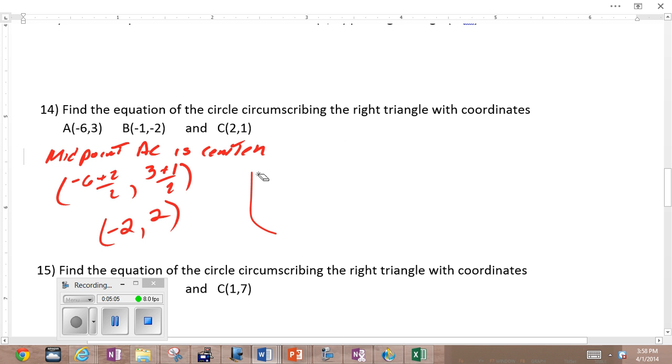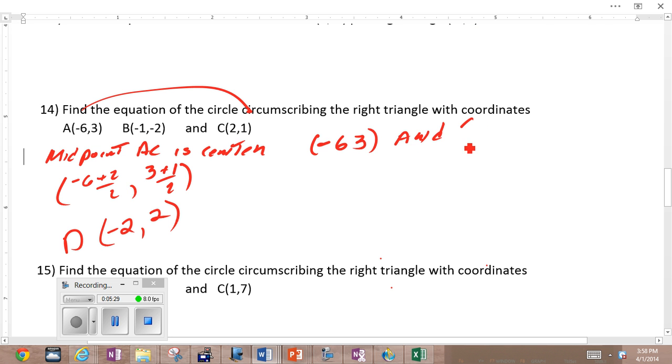Then we could simply compute the distance between, let's call that point D, between D and A, because that would be the radius. Or we could take the length AC and cut it in half. So we'll go with the distance formula between (-6, 3) and this newly found point (-2, 2).